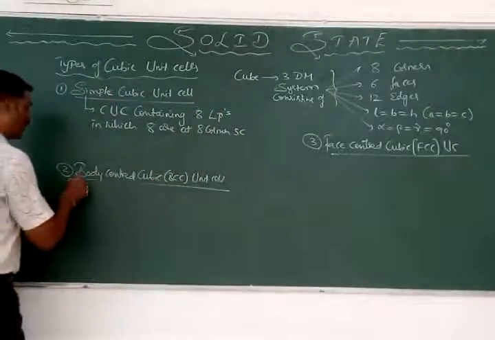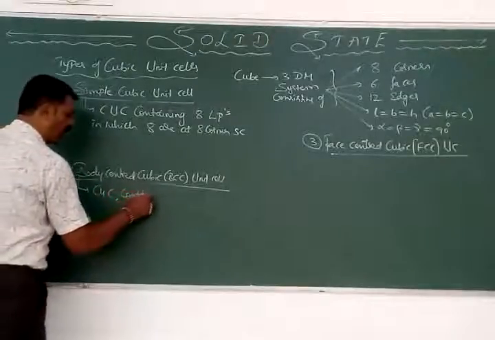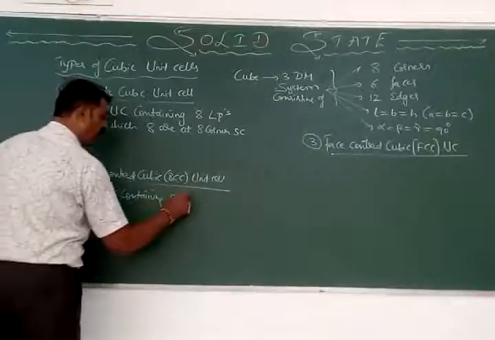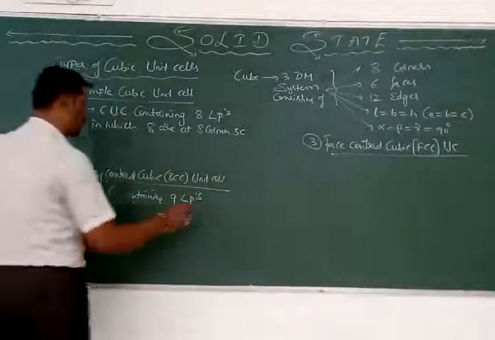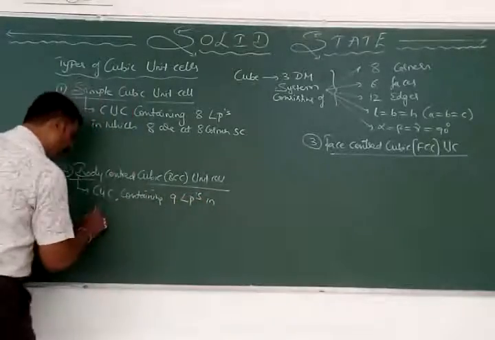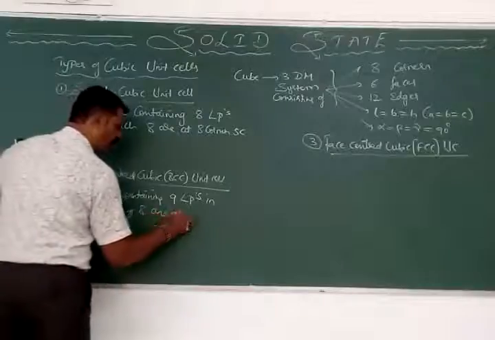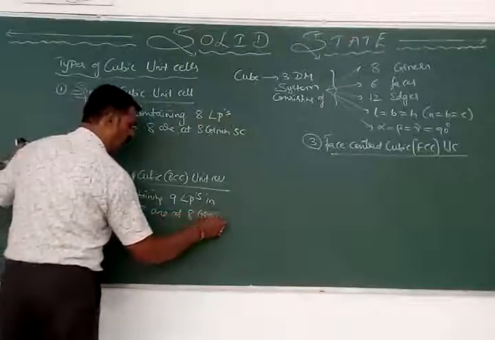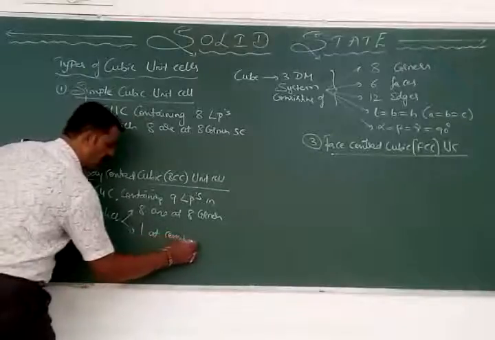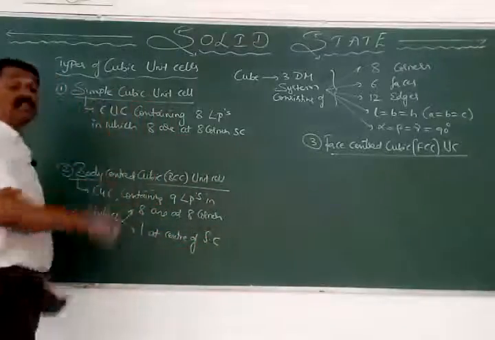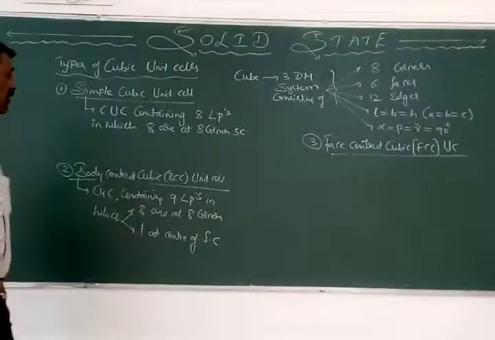What is body centered here? It is a cubic unit cell containing 9 lattice points, in which 8 are at the 8 corners and 1 at the center of the simple cube. SC means simple cube. If that is the case, it is called body centered.